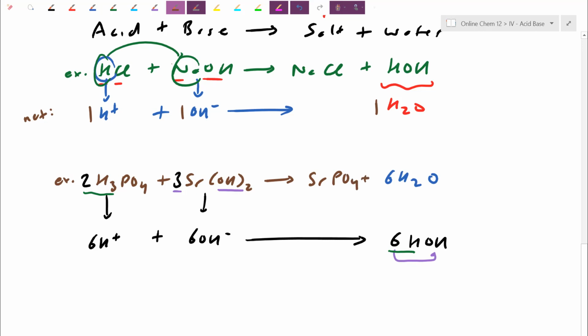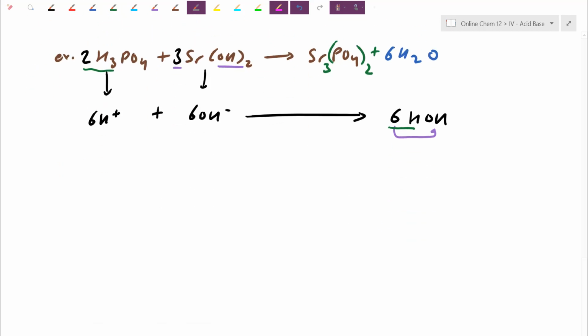You do still need to check that you've written the correct compound. Strontium is an alkaline earth metal, so +2. Phosphate is a -3, so I would actually need Sr3(PO4)2. At that point, it should already be balanced. Neutralizations should always be really easy to balance because the H+ cancels out the OH- in a 1-to-1 ratio.